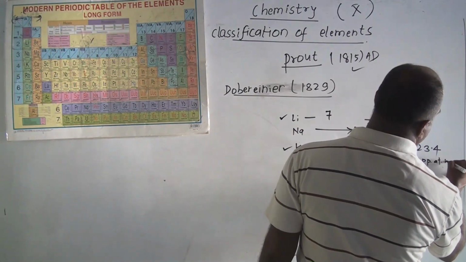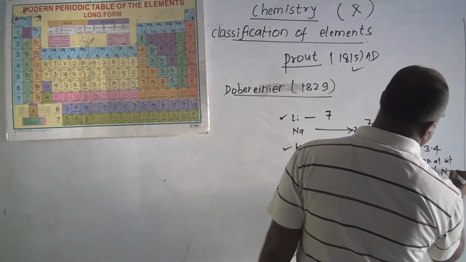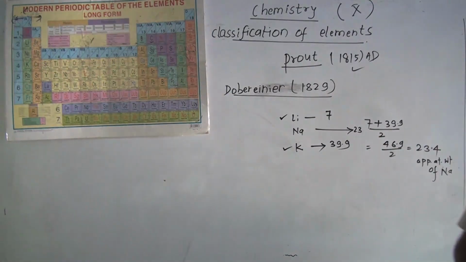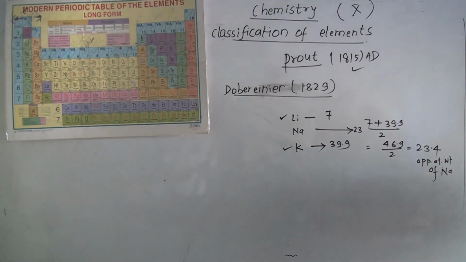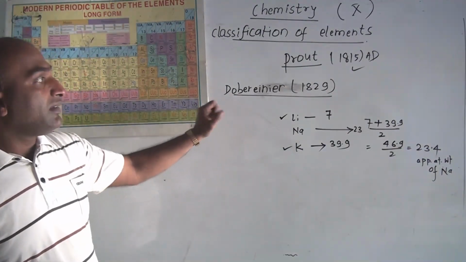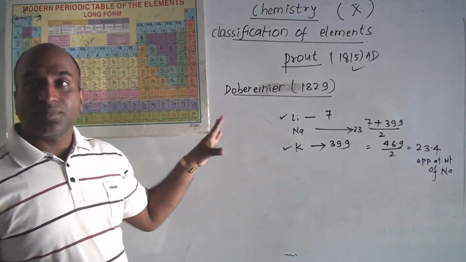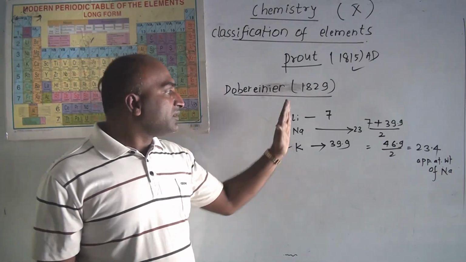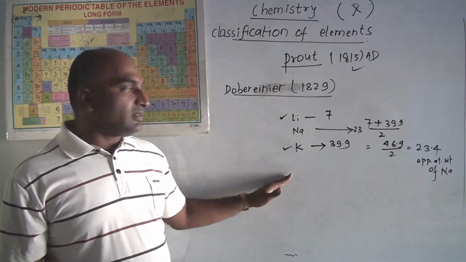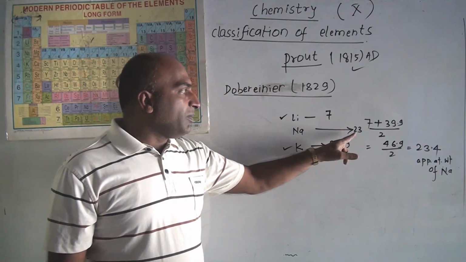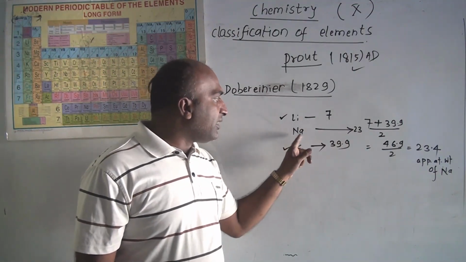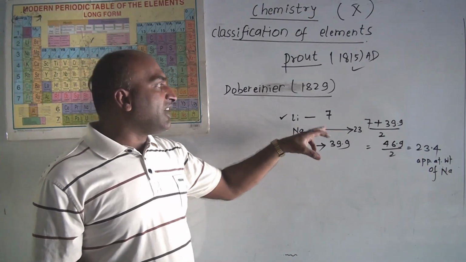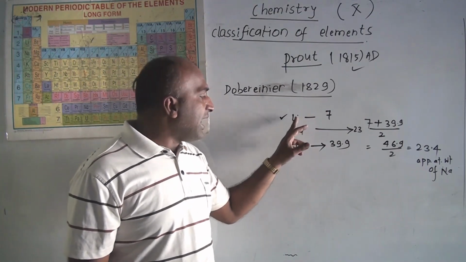In the same way, we can take the example of chlorine, bromine. According to Dobereiner, if we take the arithmetic mean of the atomic weights of the upper and lower elements, that will be the atomic weight of the middle element.